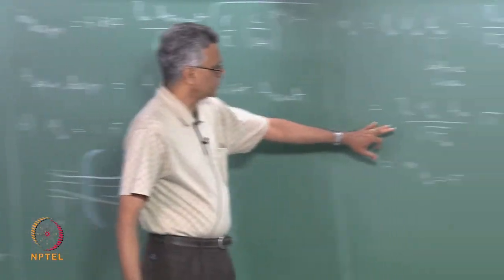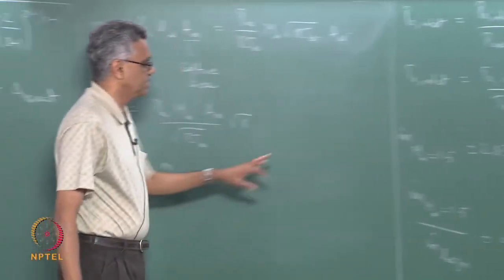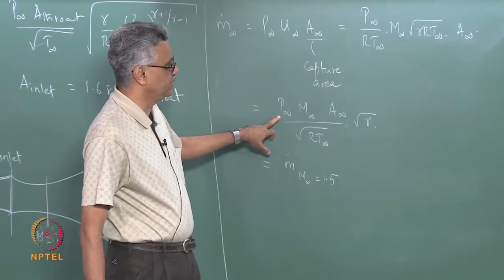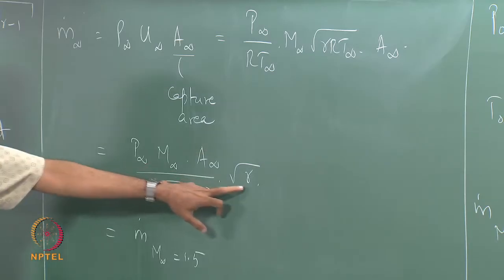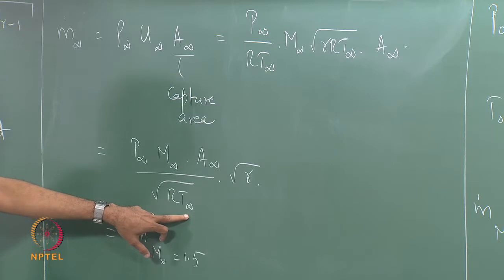So, I equate this expression to this expression, and you can see that there is a nice cancellation of terms. The P infinity drops out, right. The square root of gamma divided by square root of R also drops out, and square root of T infinity drops out.